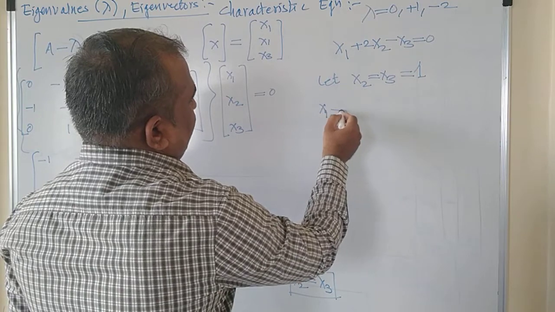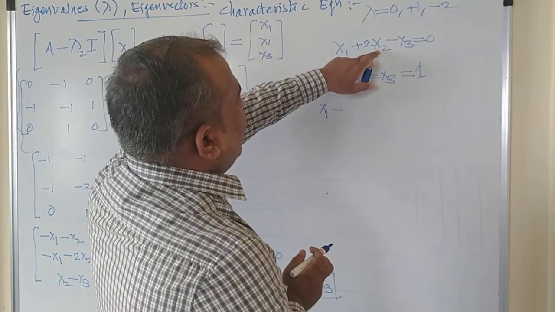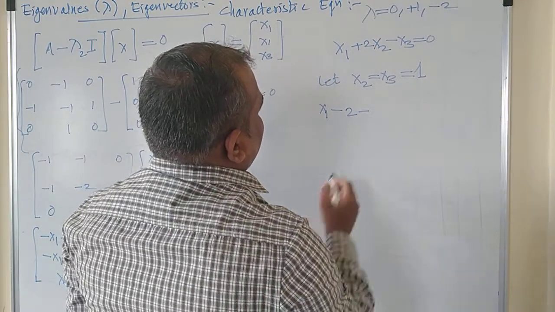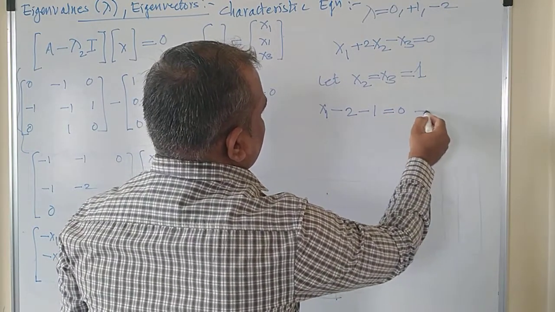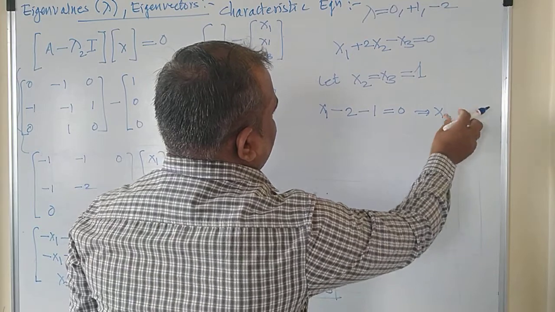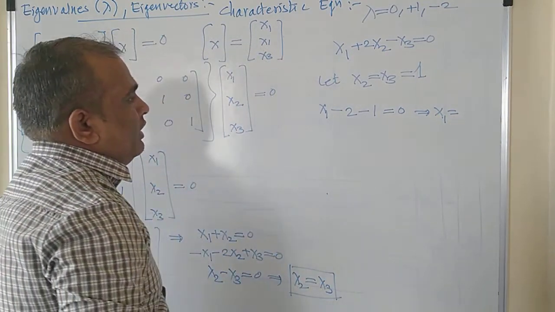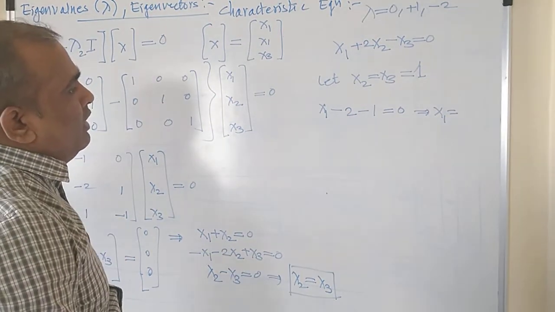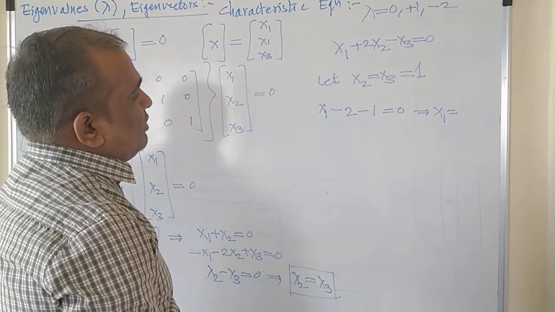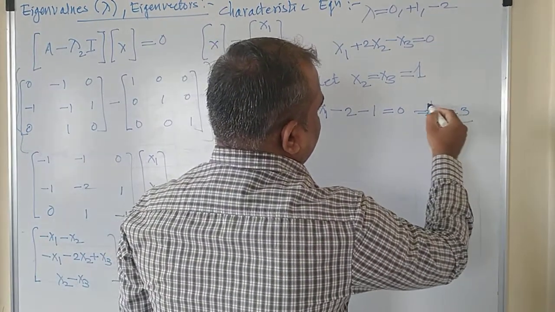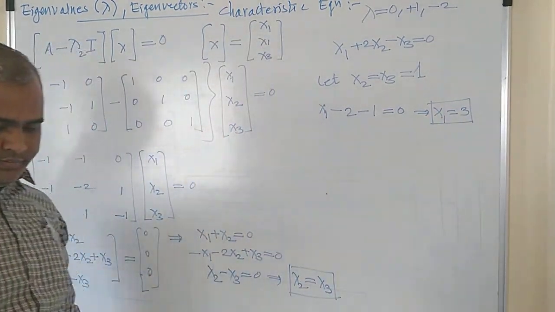So x1 plus 2x2, x2 is equal to 1, so this is 2, minus x3 is 1, equals to 0. This gives that x1 minus 3 equals to 0. So x1 is equal to 3, right?